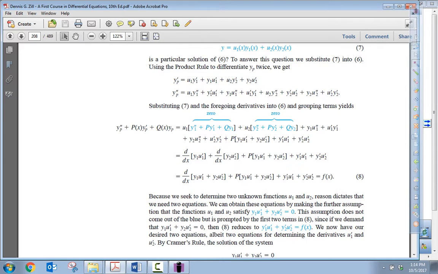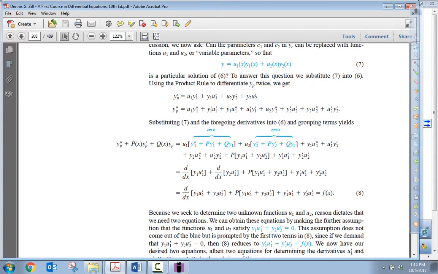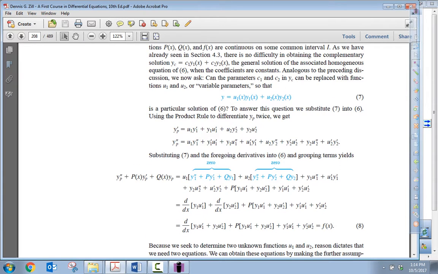So anyways, why don't I just copy this? We have the particular solution to be of this form, and then what they do is they take the derivative once and twice so they can put it back into the original differential equation.